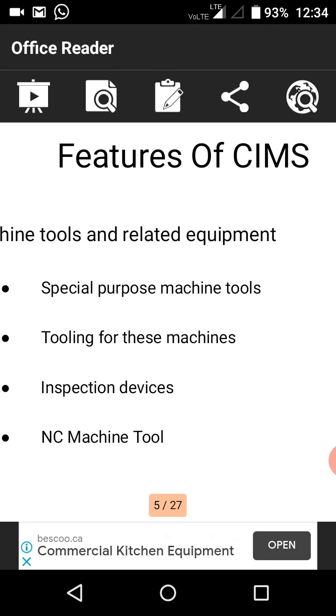The second function is to orient and locate the work parts for processing at the machine. Next is removing the material from the machine. The first point is keeping the material in the machine, and the second point is removing the material from the machine, which is called the material handling system. These include work handling and tool handling devices. So these are the different types of features of SIM.